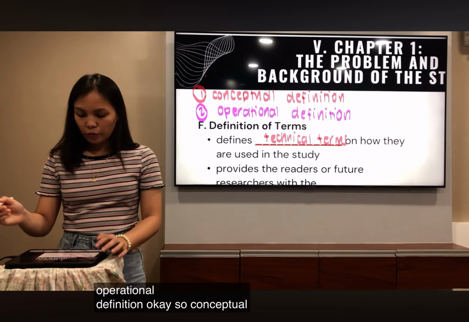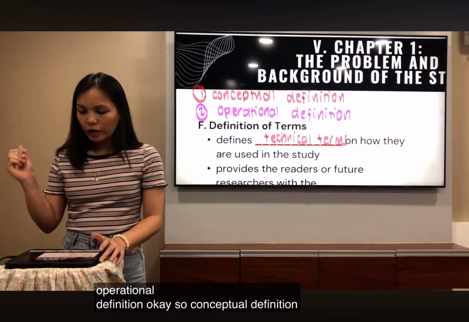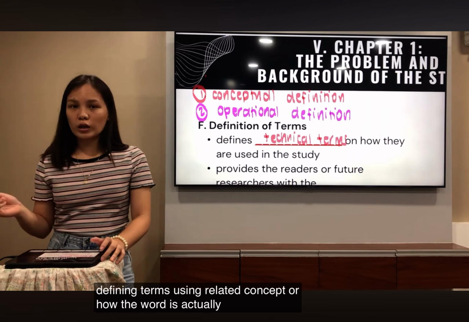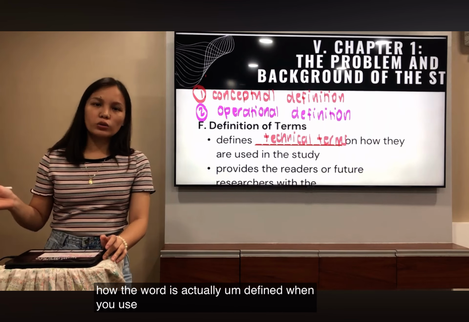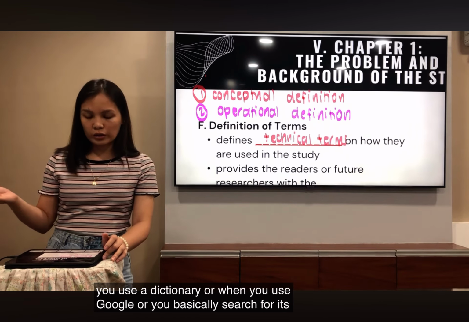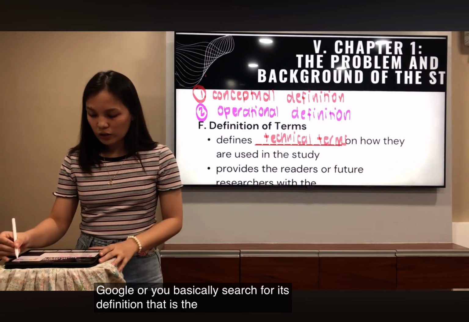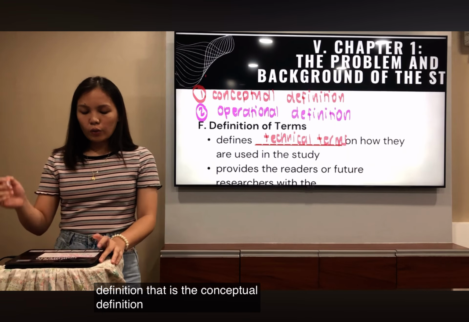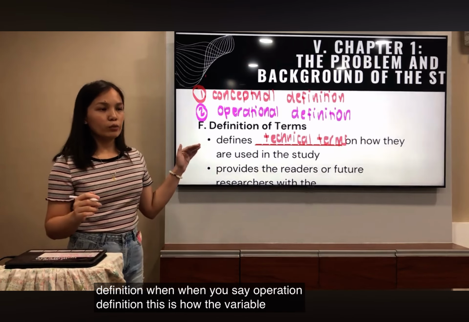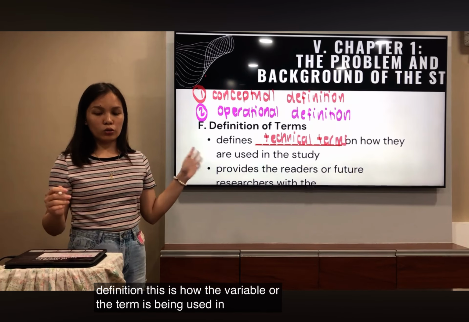Conceptual definition is defining terms using related concepts or how the word is actually defined when you use a dictionary or when you use Google or you basically search for its definition. That is the conceptual definition. When you say operational definition, this is how the variable or the term is being used in your study.